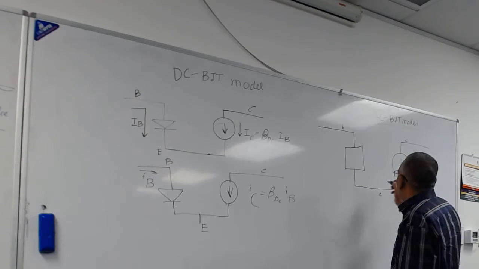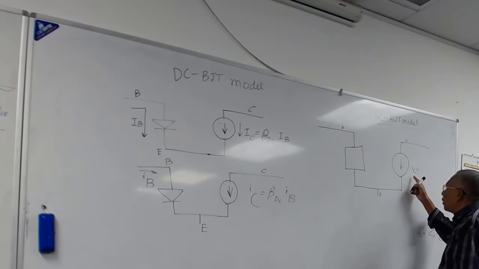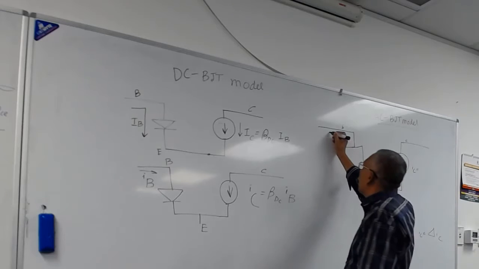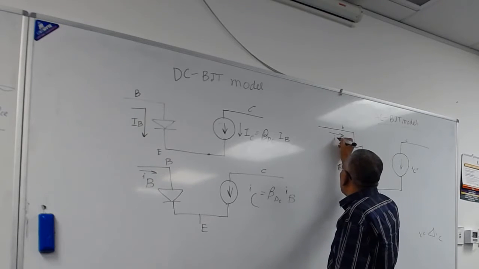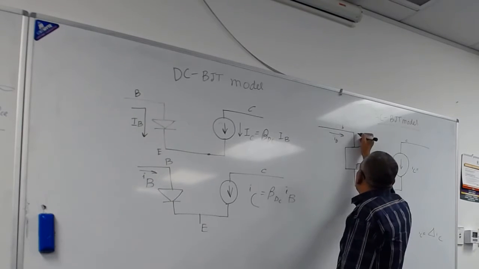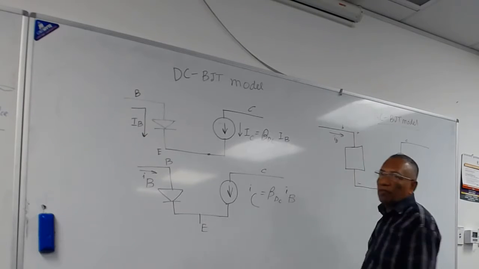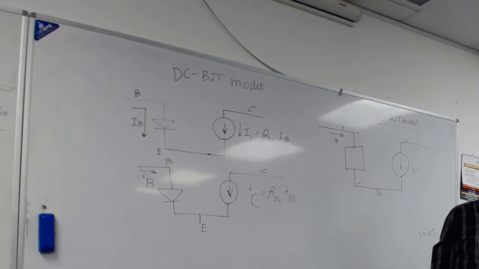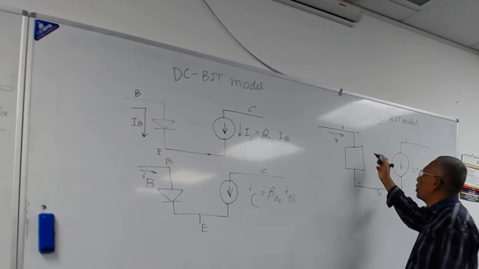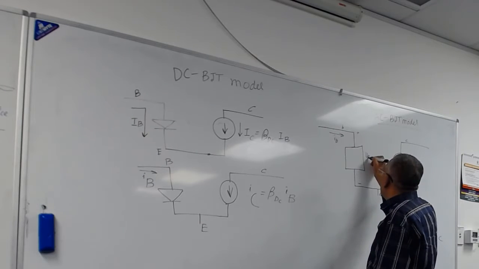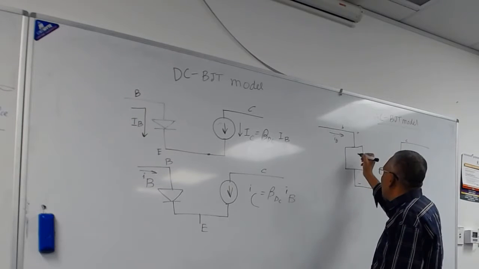And this small i_c equals what? How does it relate to IB? So IB is going here. And between here and here, between base and emitter, what do you have? It will be a resistance. So it's actually a voltage VBE between here and here, and there will be a resistance here.